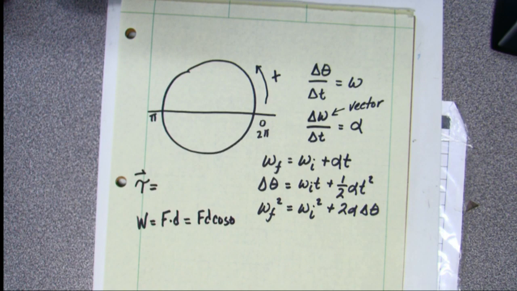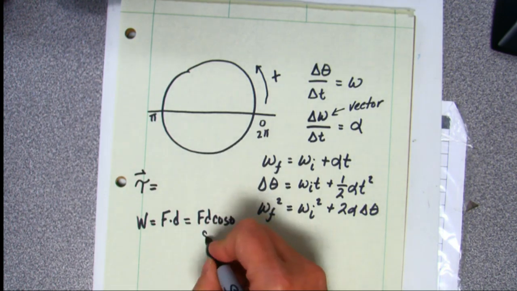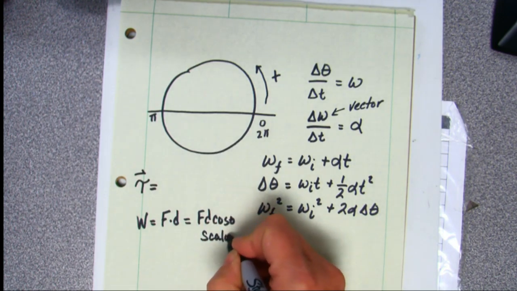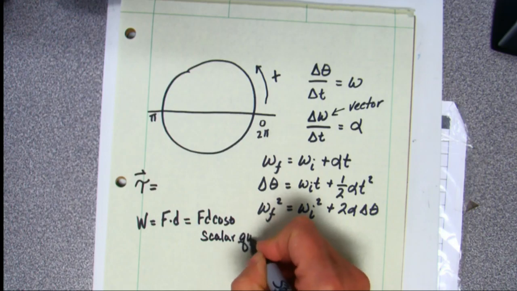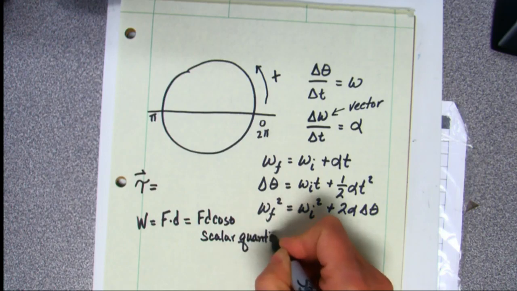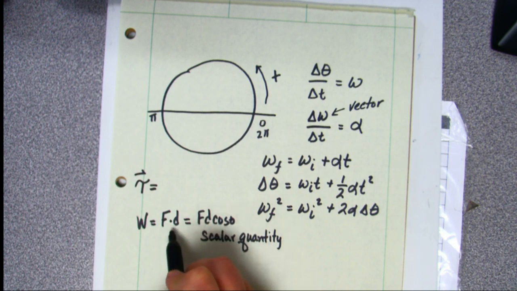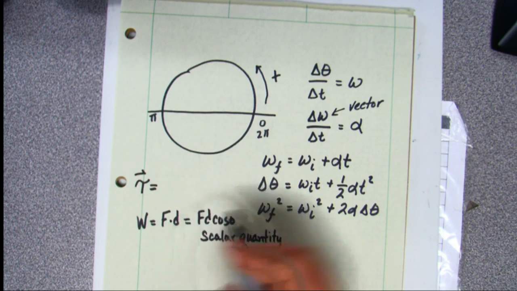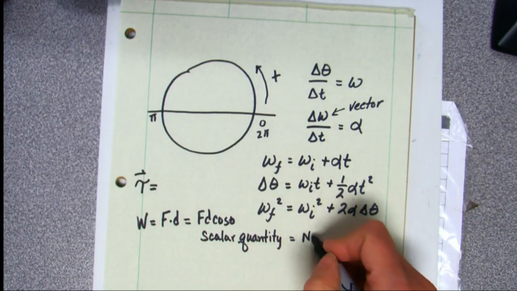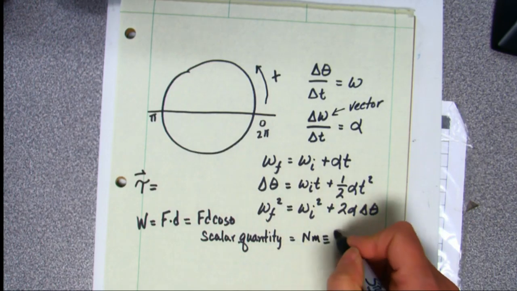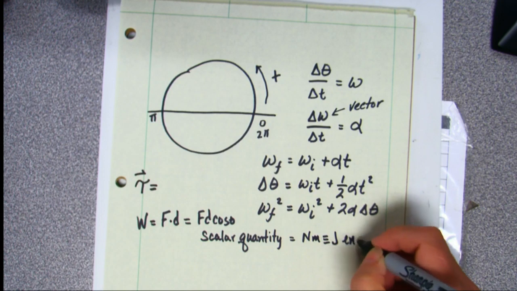Remember that? And this was a scalar quantity. This is force acting through a distance. It's a scalar quantity. We lose the direction. Even though this is in Newton meters, we defined that as a joule, and this was related to energy.